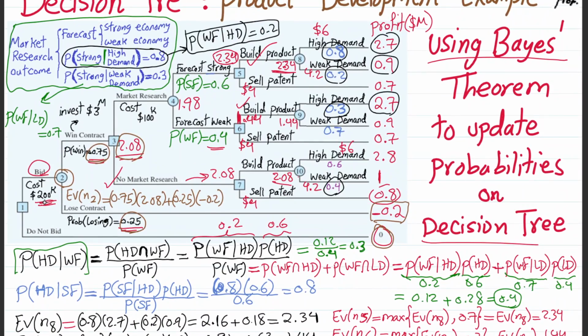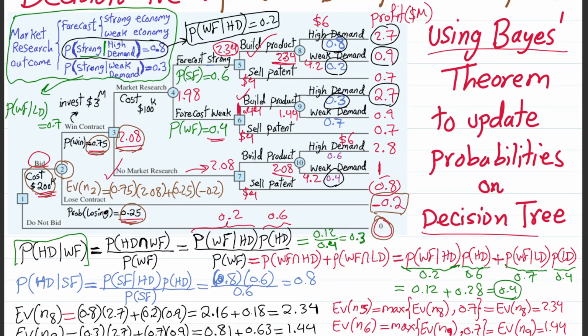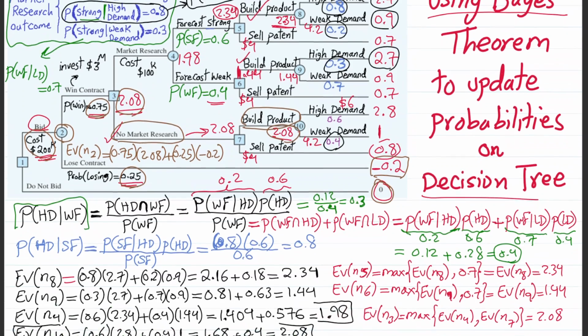We're going to pay the cost of $200,000 for bidding. And then when we win the contract, then we don't do the market research. It's useless for us. And when we don't do the market research, we proceed and we actually build the product, because building it gives us on average better outcome than selling the IP. So that's what the recommendation will be for the management.